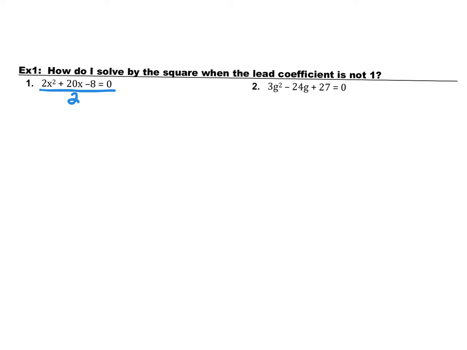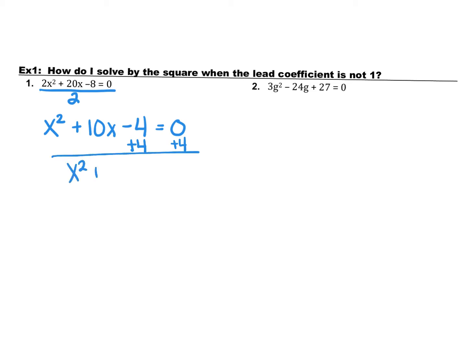So I'm going to have x squared plus 10x minus 4 is equal to 0. Now let's get this x squared plus 10x by itself. We move this over, and I've got x squared plus 10x is equal to 4.